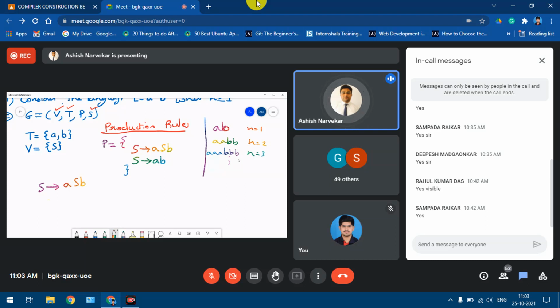In the next step, I replace this S again by a S b, with the earlier a and b as they are. Further, I'm again defining this S as a S b, with the earlier a as it is, the first a as it is, and this. And of course, this will continue.